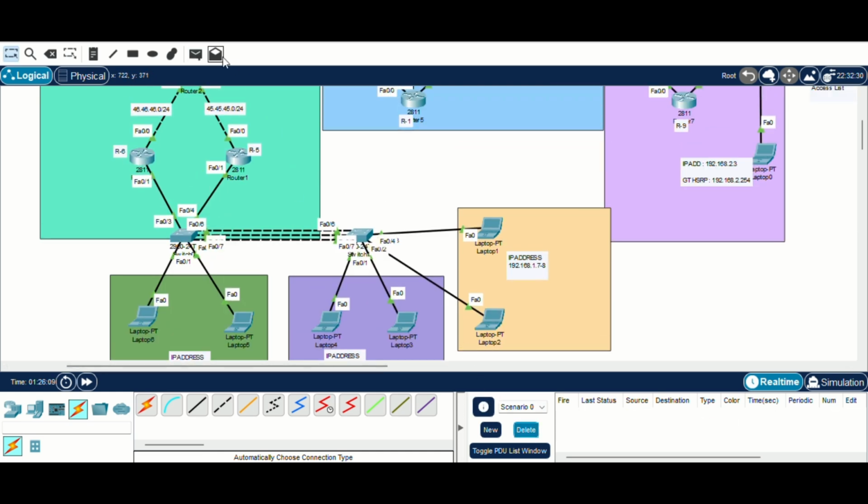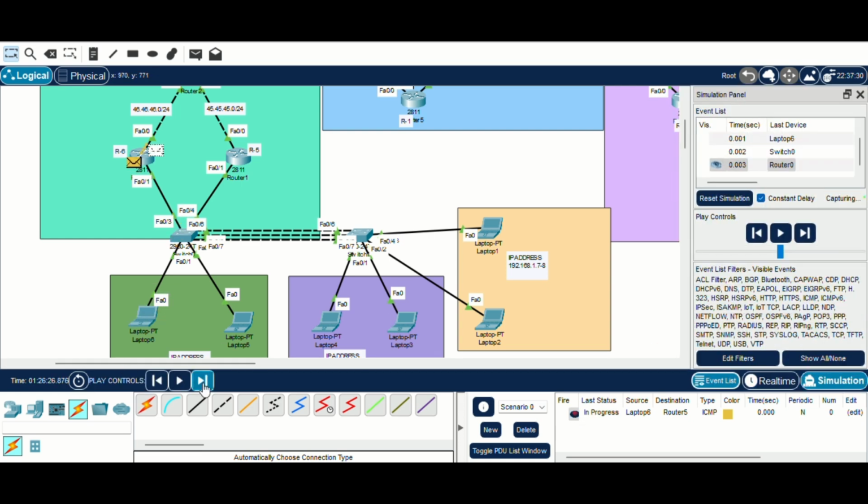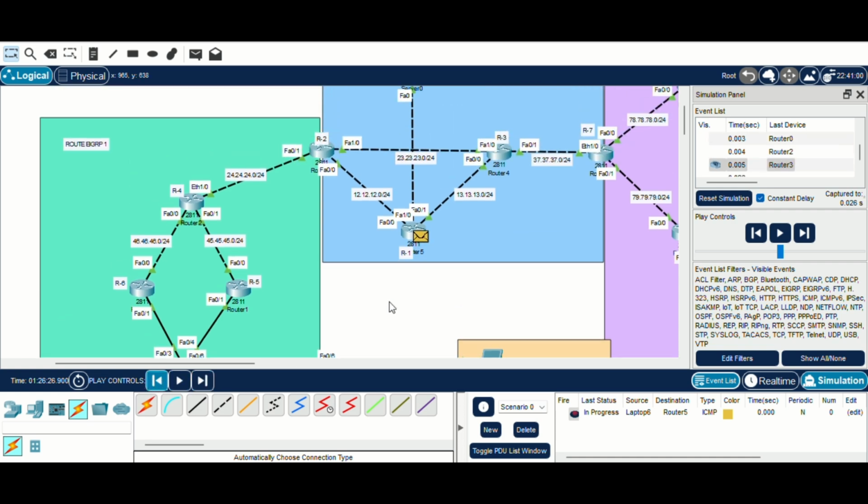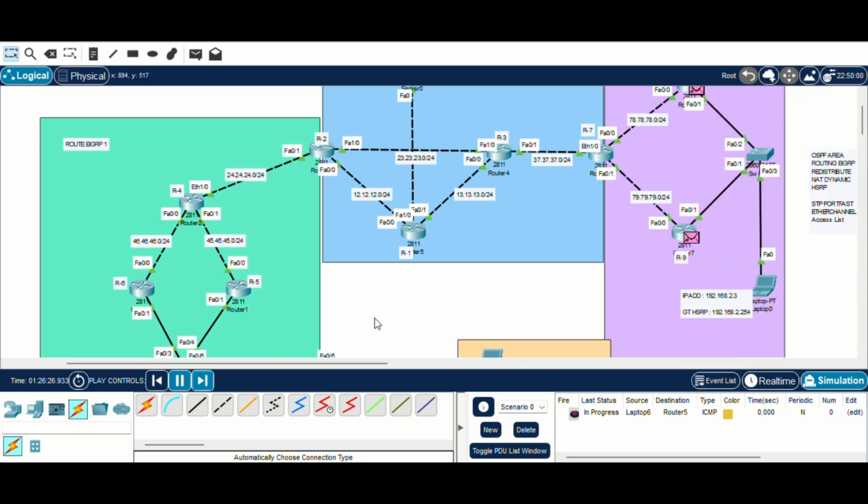successful, and you can go to ping the router backbone. But there is something wrong, so you can check here. If there's something wrong, then you must check all of the IP.